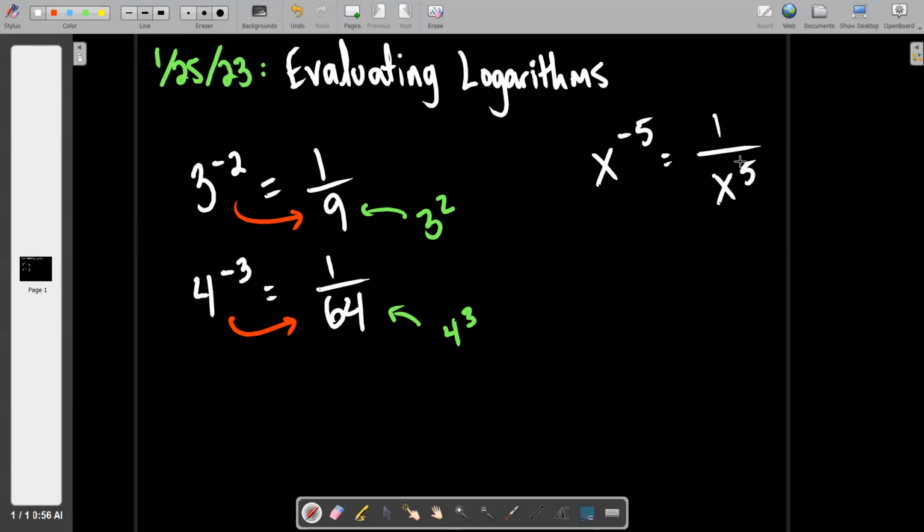That's a fancy way in math of saying flip it over. So it used to be, let me show you, I'm going to write in yellow for a second. Like this used to be over 1, and this used to be over 1, and this used to be over 1. And what's happening then is the meaty part of the problem is going to the bottom. Okay. So that's all a negative exponent has the, pardon the pun, that's all it has the power to do.